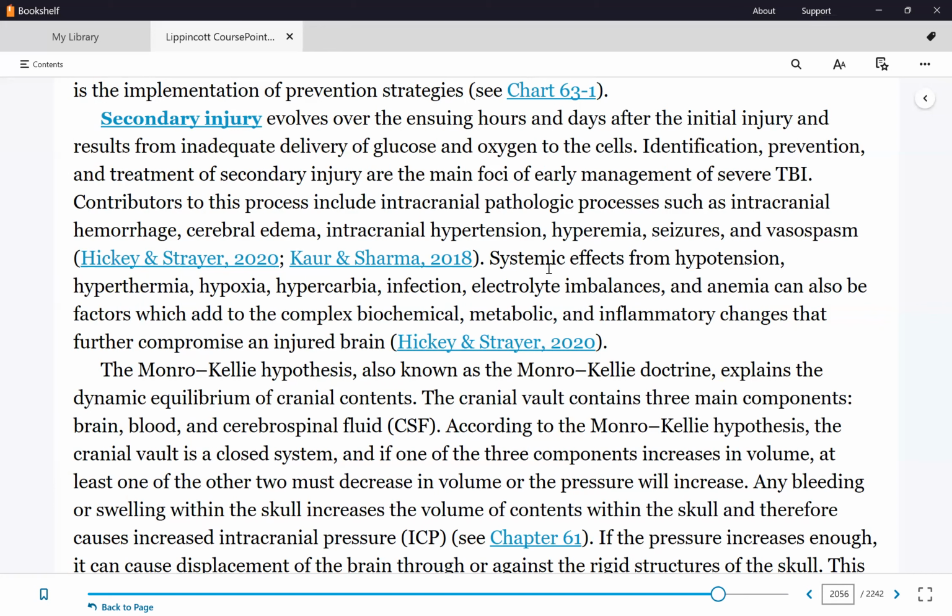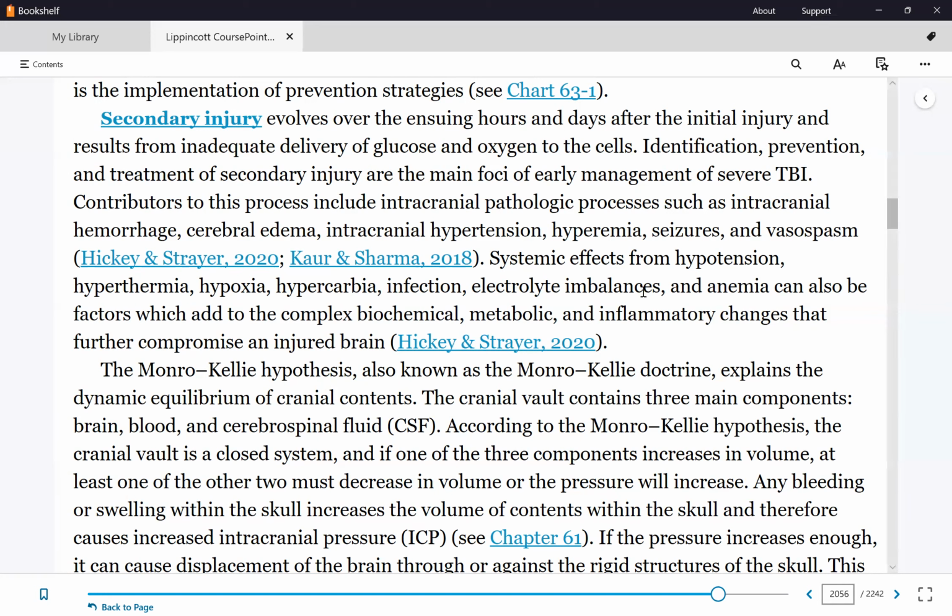It will move from an area of lesser to greater concentration. So there will be cerebral edema. Fluid from the blood vessels will enter the brain cells, causing cerebral edema and increasing ICP. And anemia. So what is the effect of anemia on blood flow and also oxygen flow to the brain?